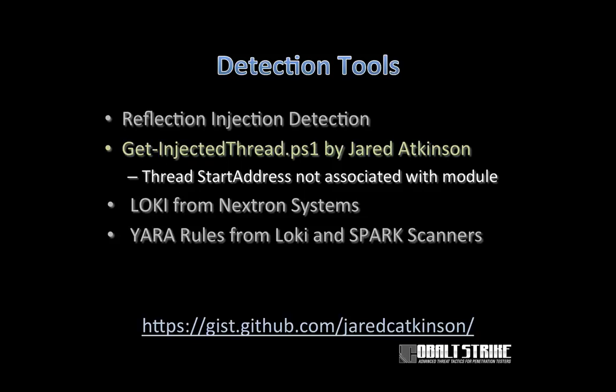And what Get Injected Thread will do is report those threads. It will report the first 100 or so bytes of the memory associated with that thread, and it will also report the permissions of that thread as well.